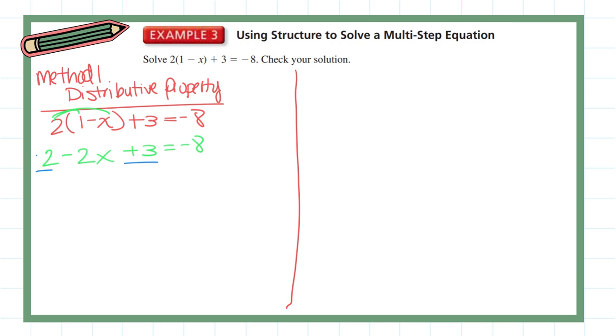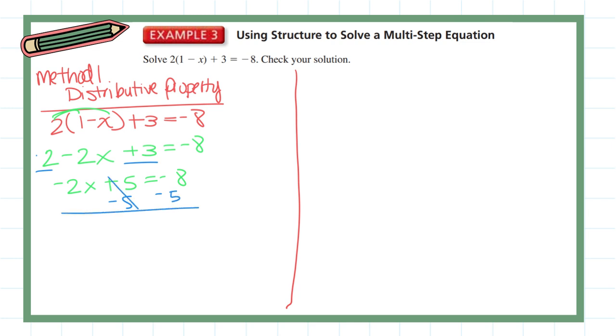The 3 has a plus in front of it, so think of it as positive 3. If we combine these two terms, we have negative 2x, and 2 plus 3 gives us plus 5, equals negative 8. Now we're going to undo that positive 5 by subtracting 5 on both sides, correct?